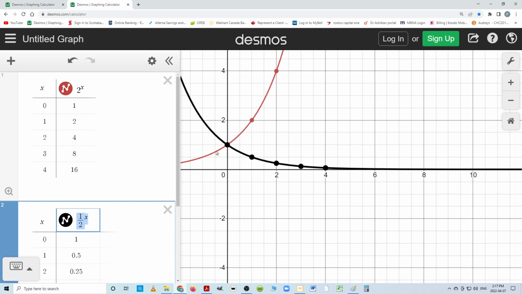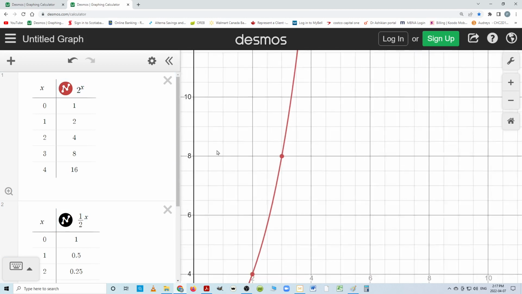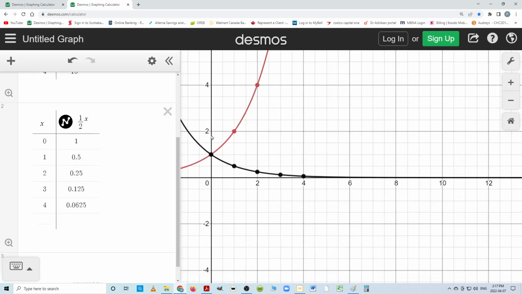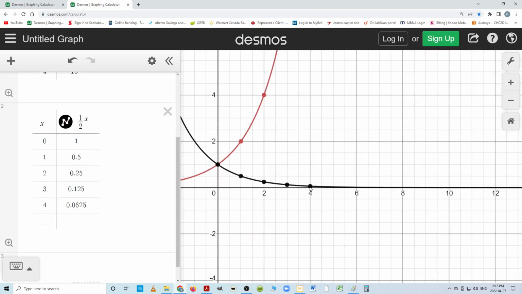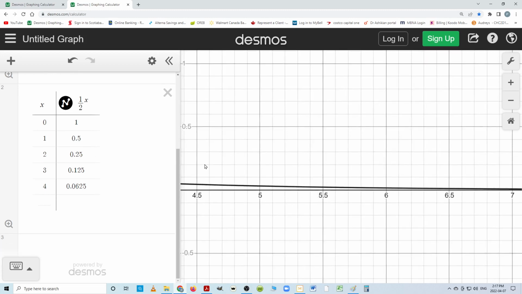And therefore, my y values will never get to 0. Now, in this case, the bigger the x, the more huge my y value becomes, which explains why this red line goes shooting off to infinity. And in this case, the bigger the x, the smaller my y value becomes, which explains why it's trying to get to 0, but never quite gets there.